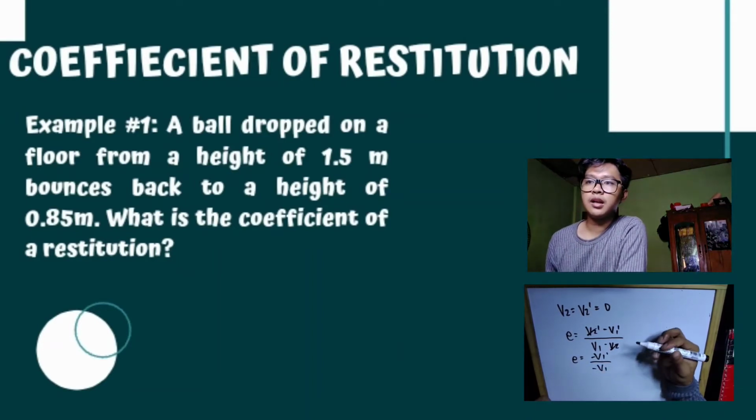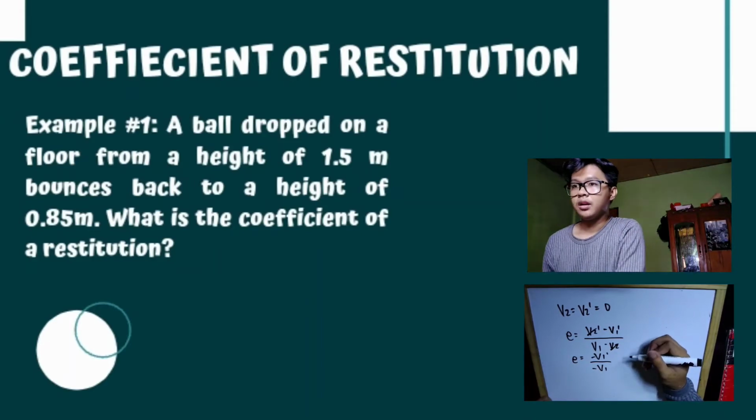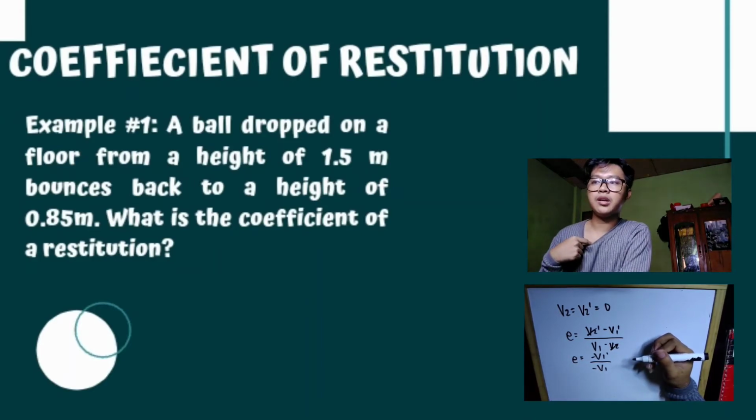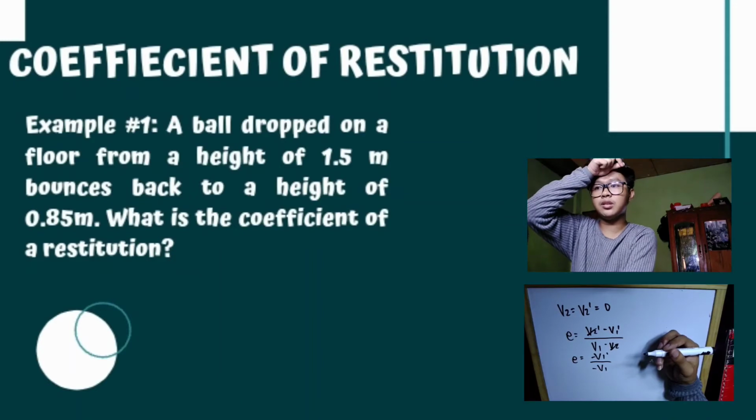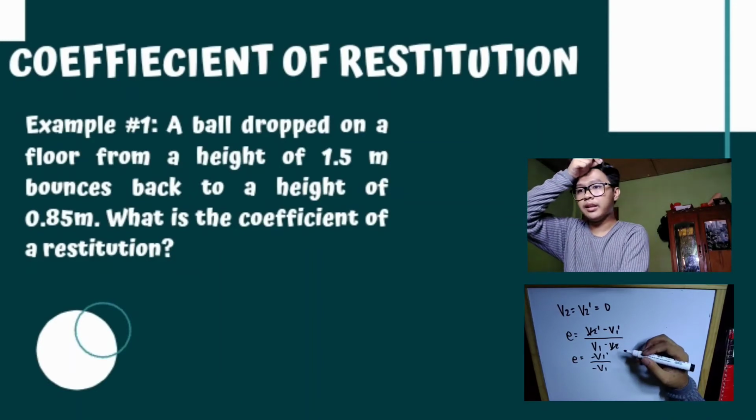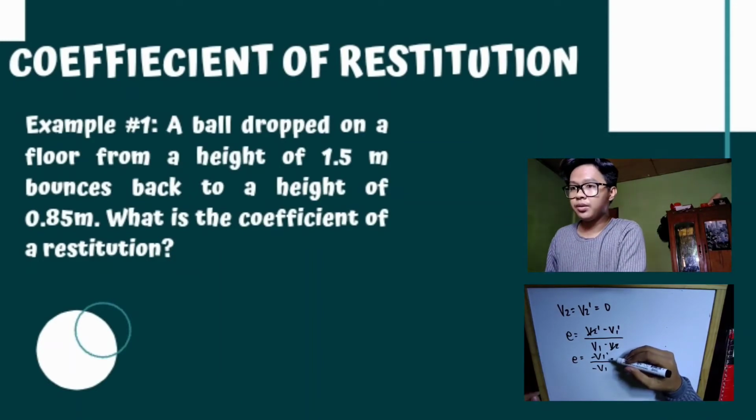From kinematics, meron tayong formula na v squared equals v(O) squared plus 2g multiplied by y minus y(O) or h. So take note na yung velocity natin before the collision, lagay na lang natin siya as v1.